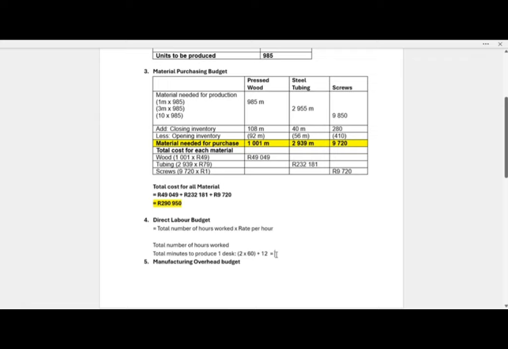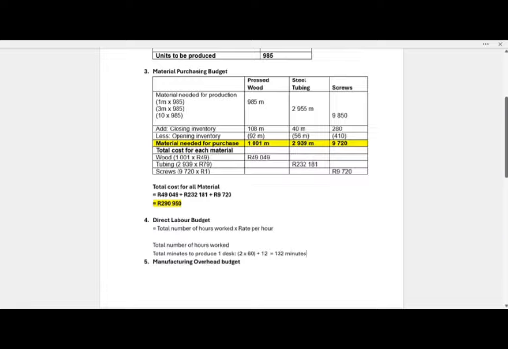So how many minutes to produce one desk? It's going to be 2 multiplied by 60 plus 12. I'm getting 132 minutes, right?